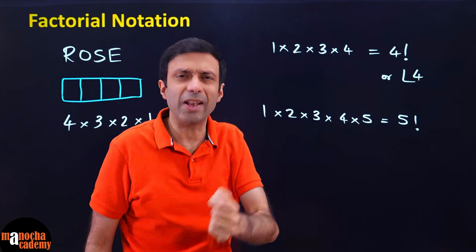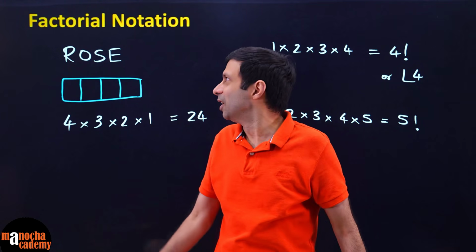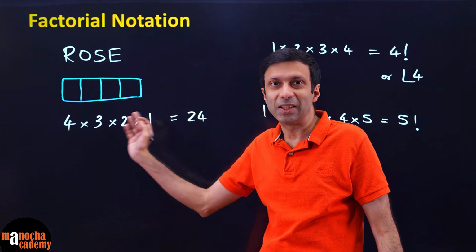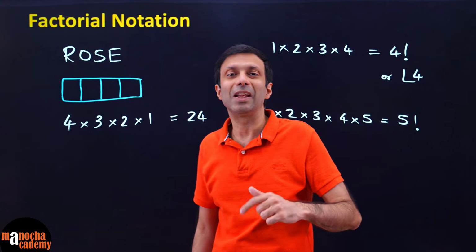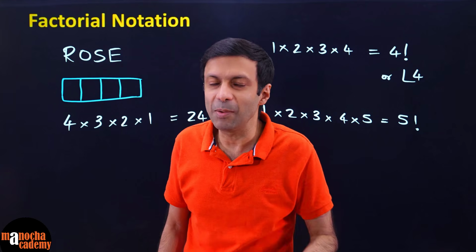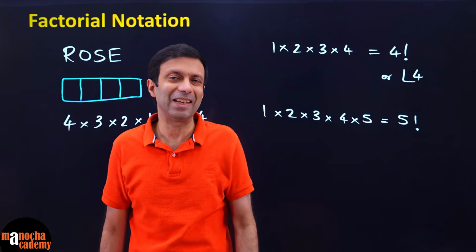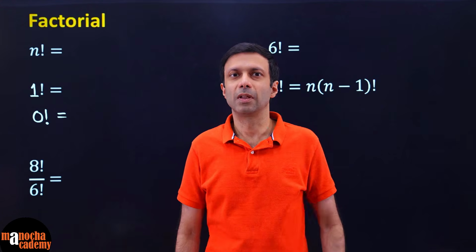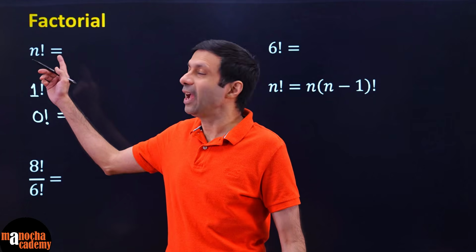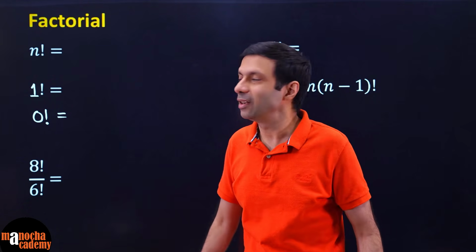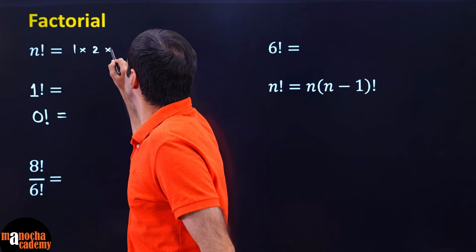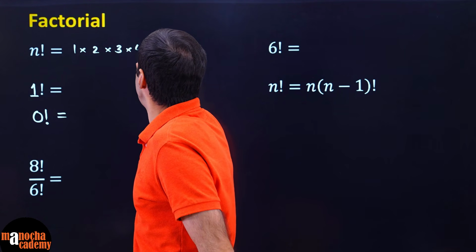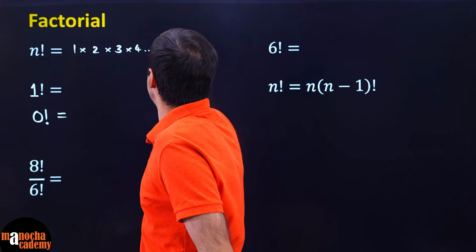Factorial is very important in this permutation chapter, because we'll be using this kind of multiplication rule, and we might be doing this kind of multiplication a lot. So factorial is very important. Let's look at a little more detail about factorials. In general, what is n factorial? It is 1 times 2 times 3 times 4 all the way up to n.